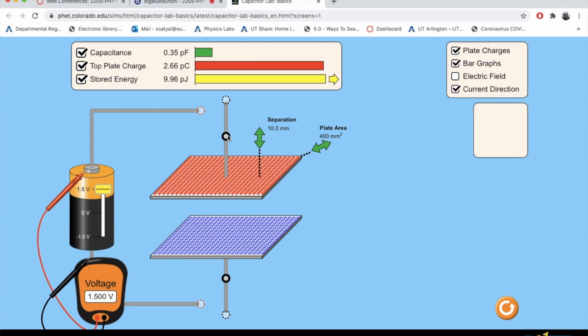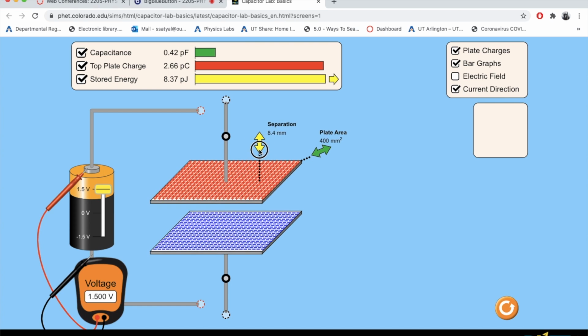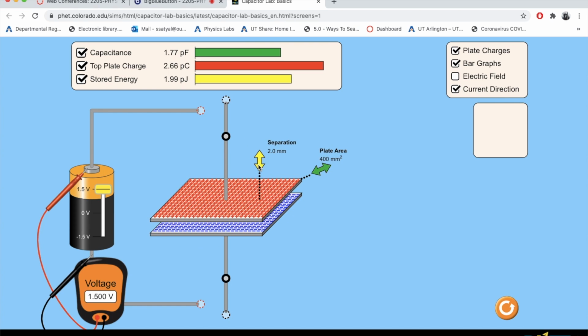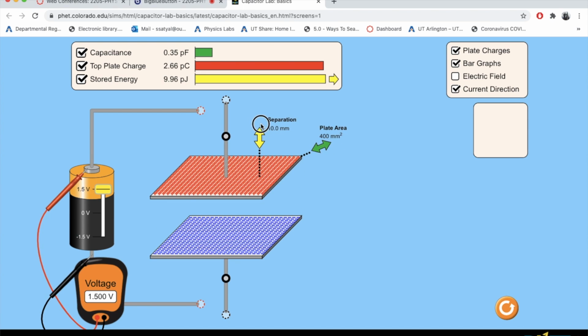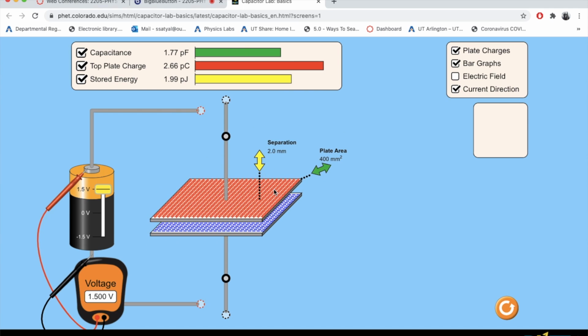So decreasing the separation distance means I'm increasing the capacitance, and for the energy formula, that energy is half Q squared over C. So as C goes down, your potential energy goes up.